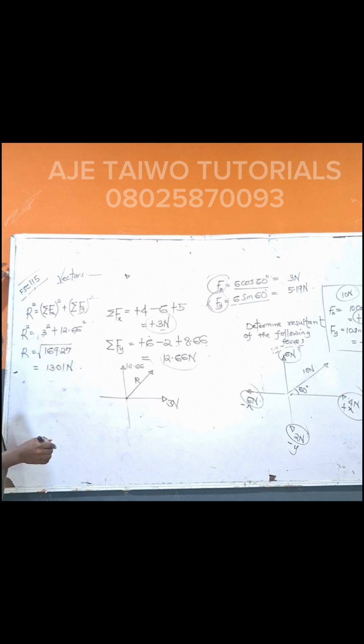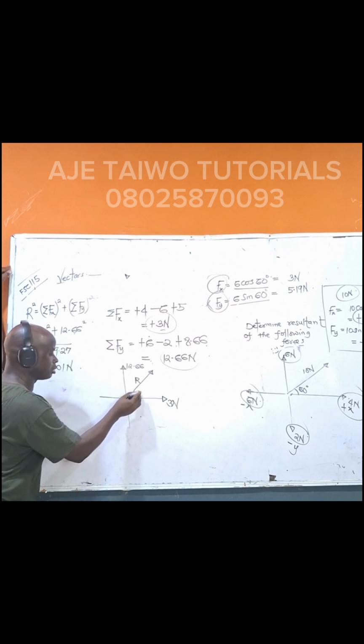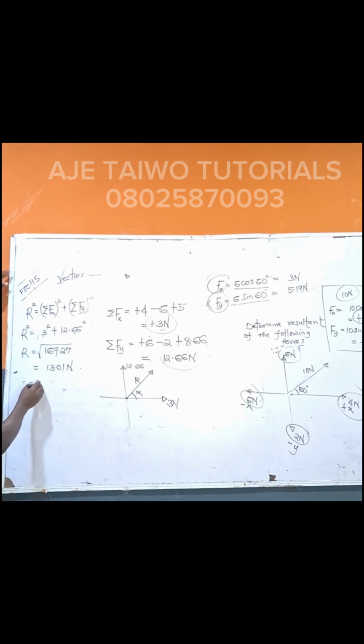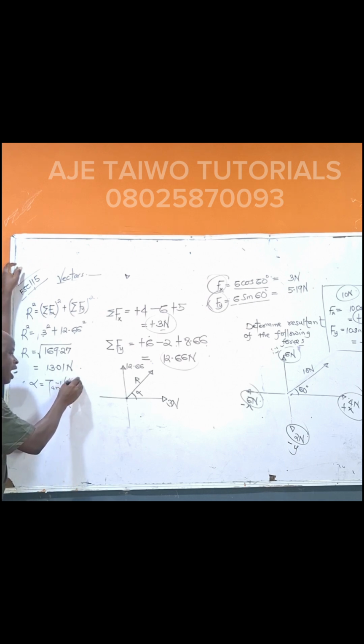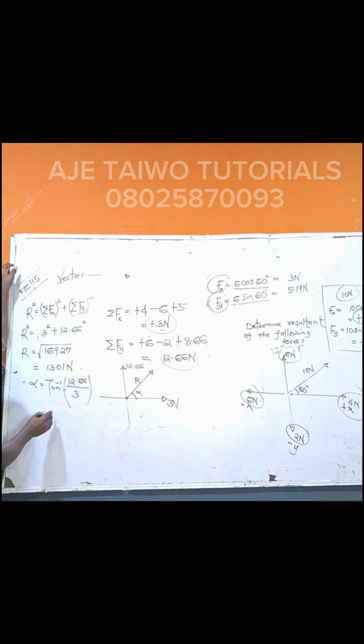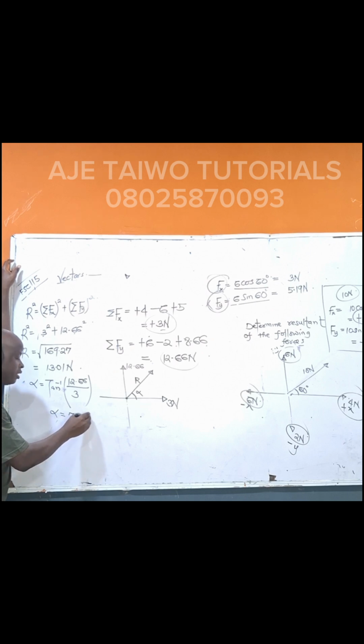Good. What direction? Class, direction. Alpha is tan inverse of what over what? Vertical over horizontal. What's the alpha? 76.7 degrees.